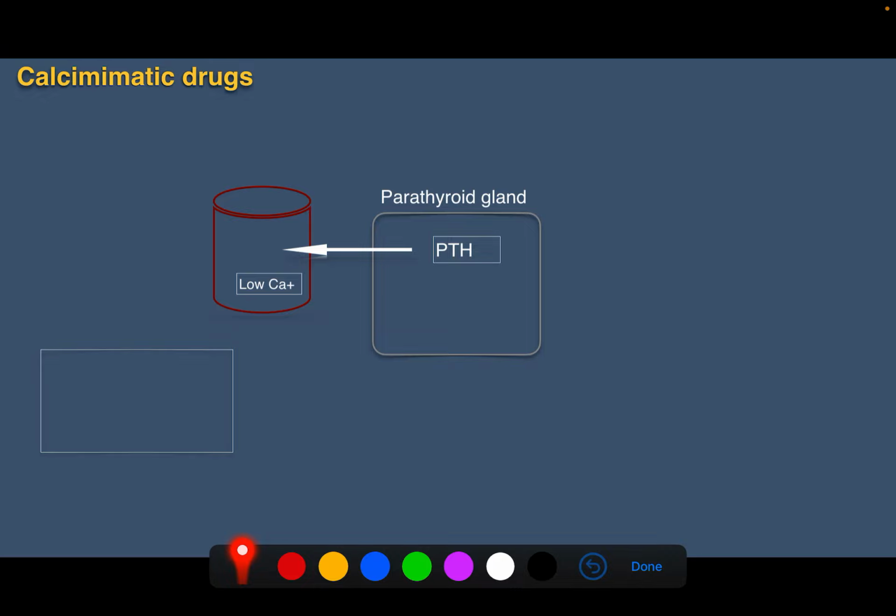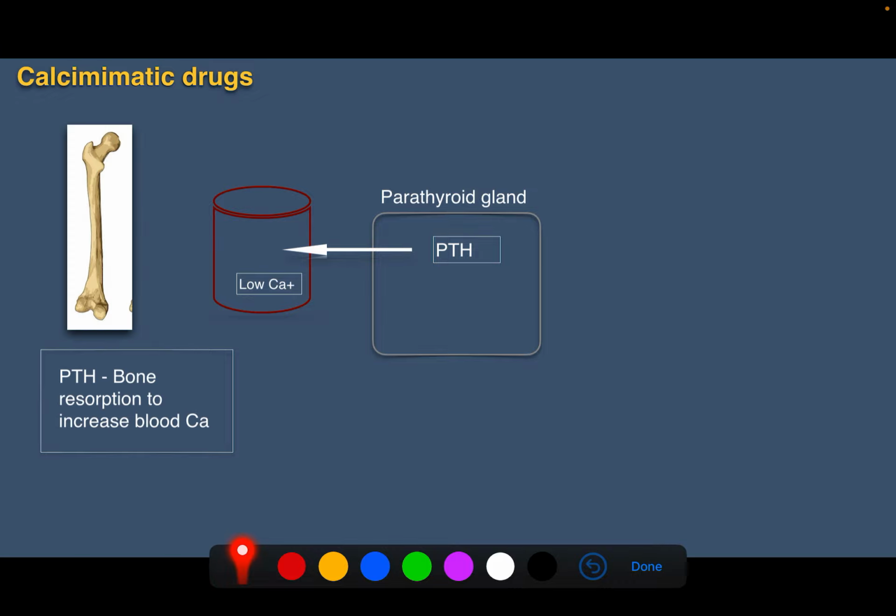So there is low calcium, the parathyroid gland releases this hormone and it will do its job to increase the blood calcium. It will go to the bones, dissolve the bone, stimulate the osteoclast over here, so the bone will get dissolved and there will be increased calcium level in the blood.